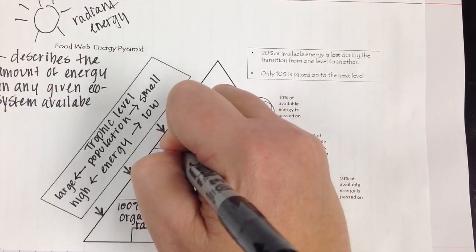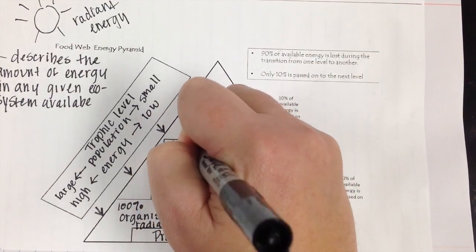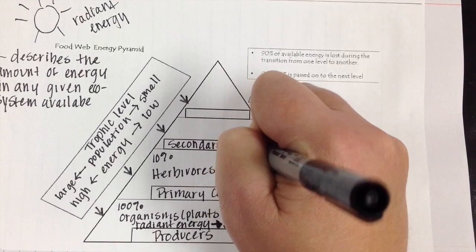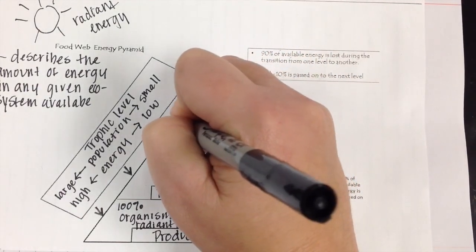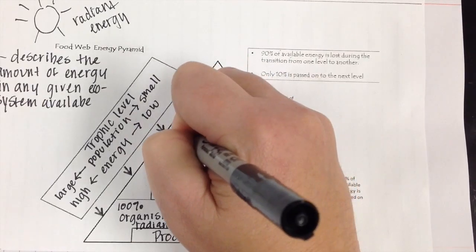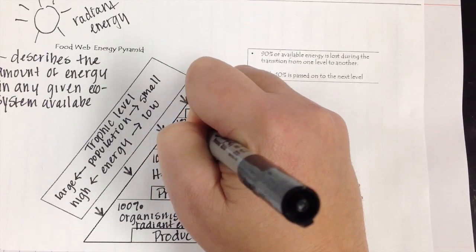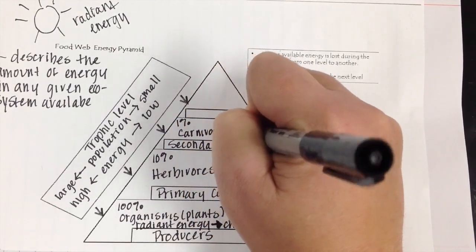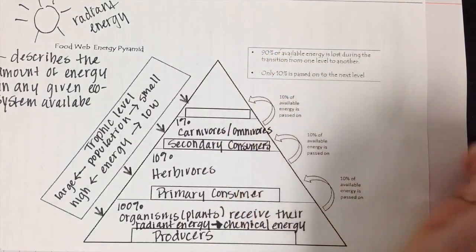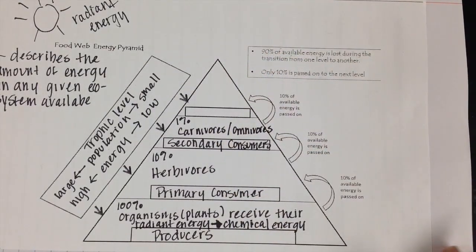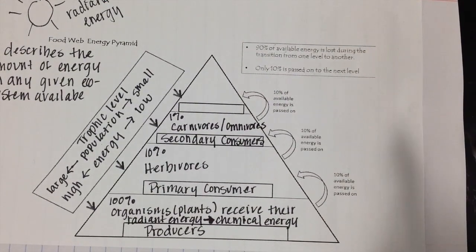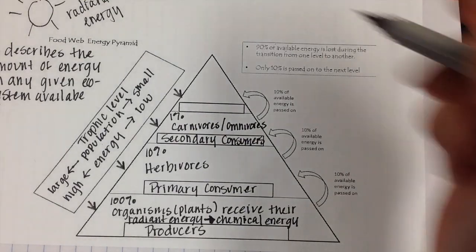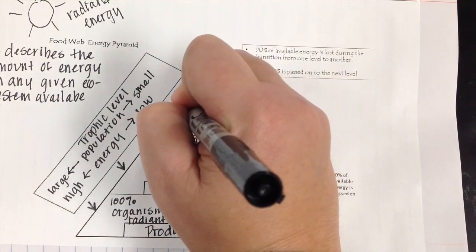Now, our secondary consumers is this level. They have 1%. These are carnivores, but more so are omnivores. Okay, usually these are our omnivores, but sometimes if our food chain is real small, our food web is real small, then they might be carnivores also. Okay, and then up here is our tertiary.